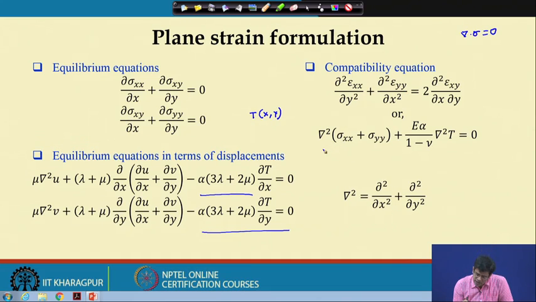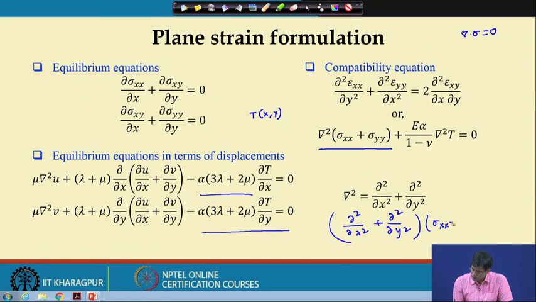So, this term is the compatibility equation for the purely elastic or the mechanical case, that is, (del square by del x square plus del square by del y square) of (sigma xx plus sigma yy) equals 0. This is my compatibility equation for the purely mechanical case.